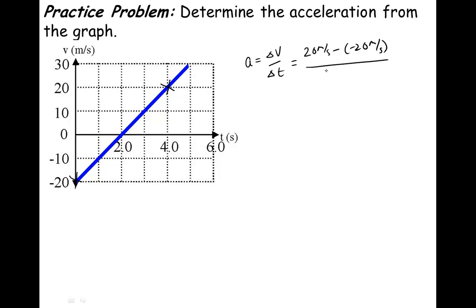The change in time, the final time is 4 seconds, and the initial time is 0 seconds. And therefore, our acceleration will be 40 meters per second divided by 4 seconds, or 10 meters per second squared.